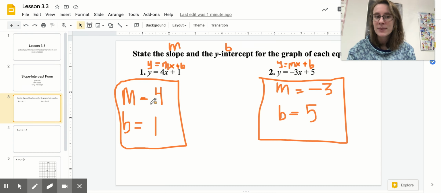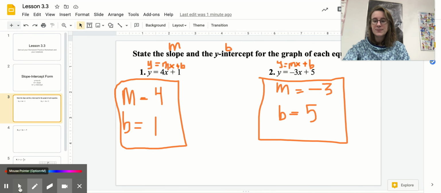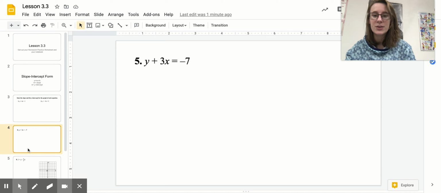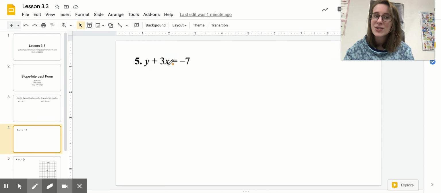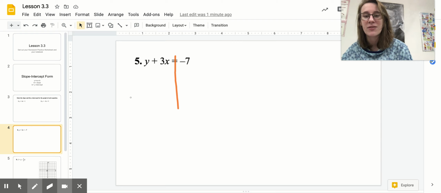Shouldn't be too bad. The next type of problem you will have is when you don't have y by itself. Sometimes you'll have a y and an x over here, you'll have all the numbers over here, but you want it in y equals mx plus b form. So this is number 5 on your worksheet, if you can find that.